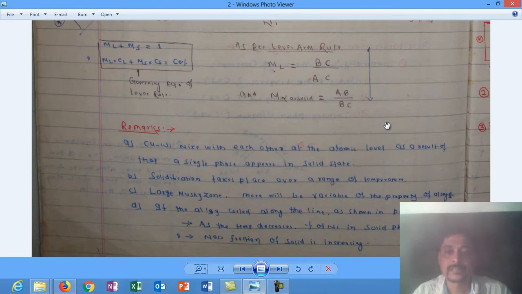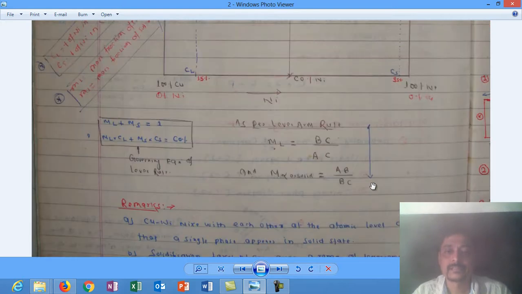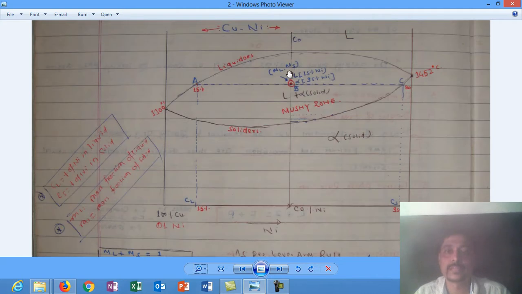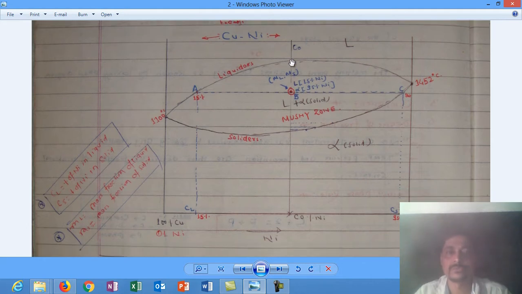If the alloy cools along the line shown in the phase diagram, coming over this diagram, as the temperature goes down, this is a very important observation, so be careful. Suppose at this point the temperature is 1600 degrees centigrade.